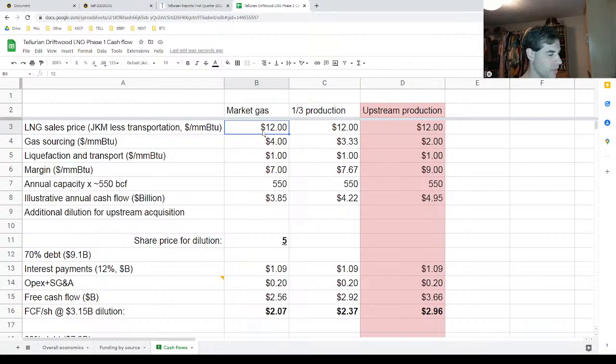That's their example marker. Subtract off the cost of the gas, whatever it takes to source that gas. Subtract off the liquefaction cost and the transport, and then you are left with your margin. That's their actual profits. Multiply by 550 for the BCF, for the actual capacity of the plant, and then you get your annual cash flows in absolute dollar value.